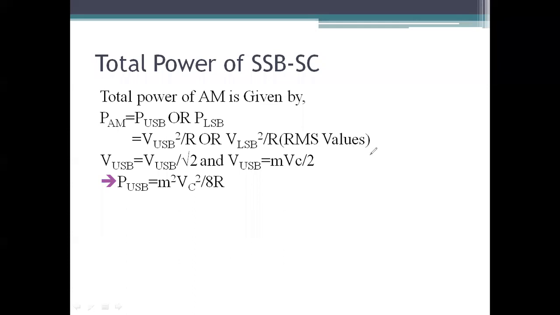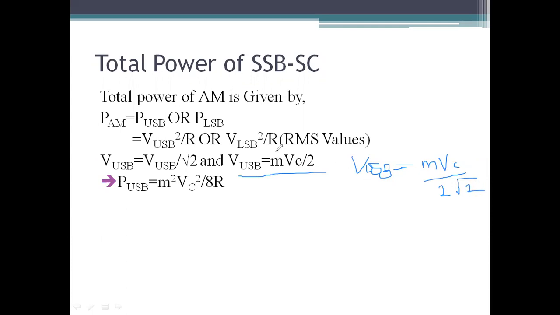We have VUSB as mVc by 2. So VUSB becomes mVc by 2 divided by root 2.